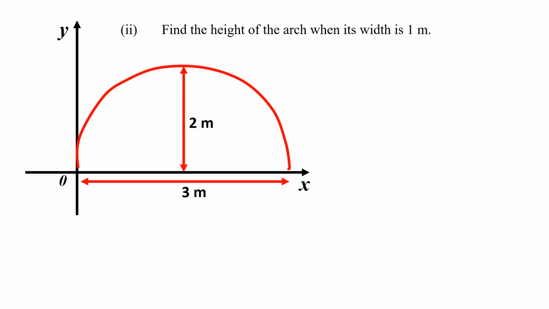All right, in part 2, we're asked to find the height of the arch when its width is 1 meter. So what does the width of the arch mean? If you look at the diagram, this is your arch.